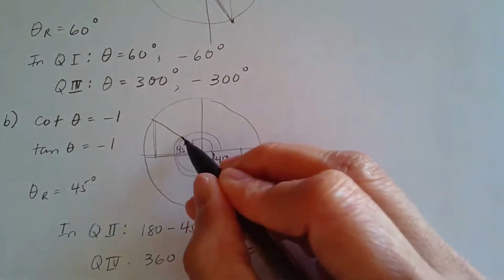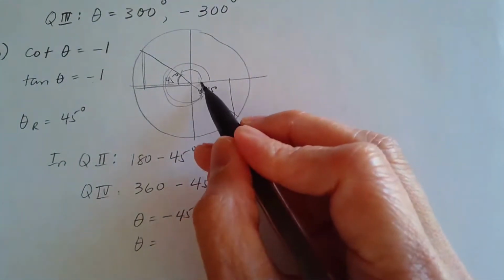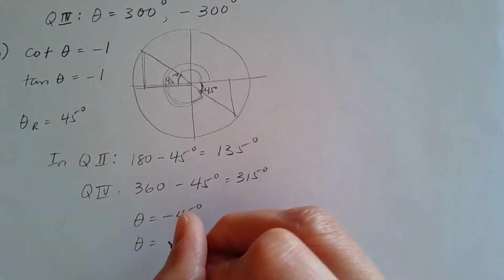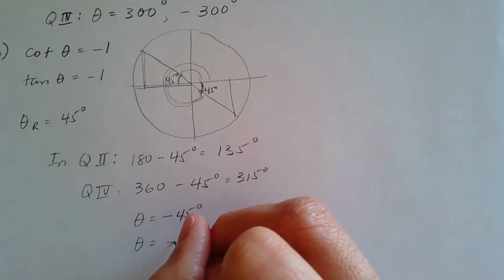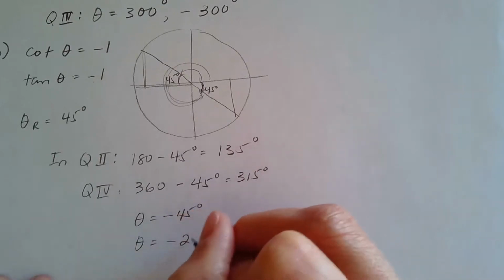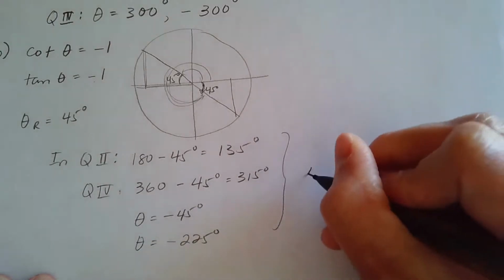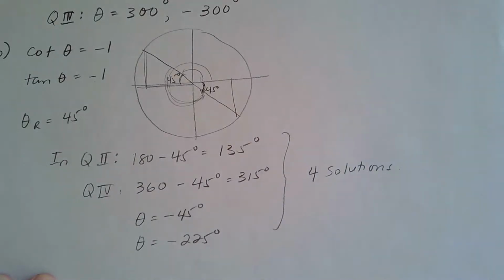And then the other one would be negative 180 and then another 45 degree negative turn, so it's going to be negative 225 degrees. So these are all 4 solutions.